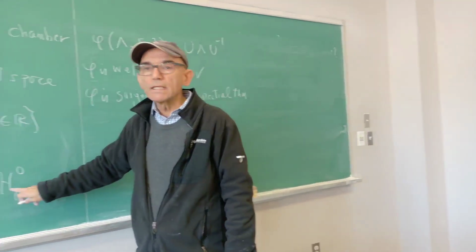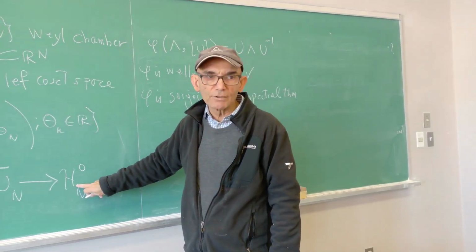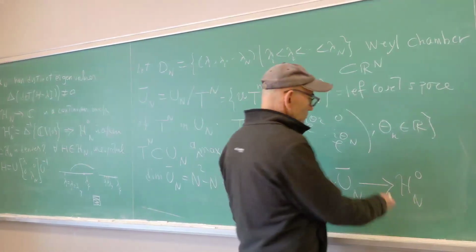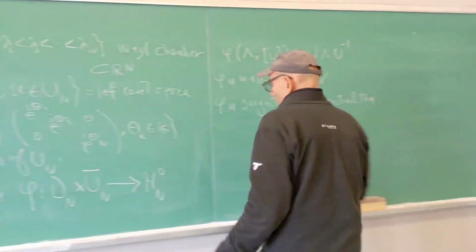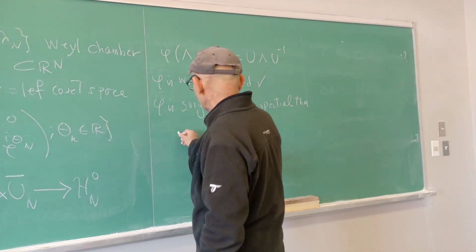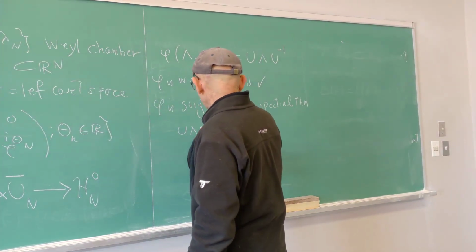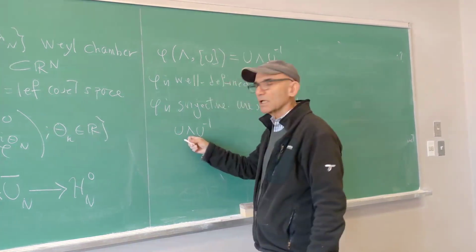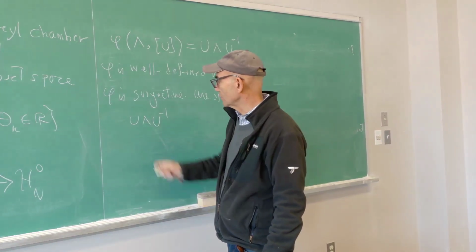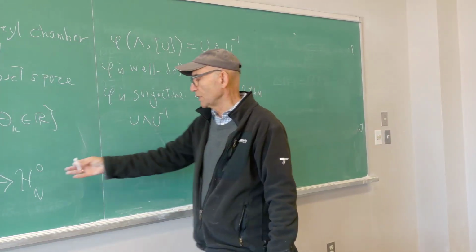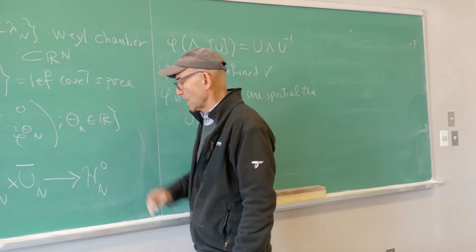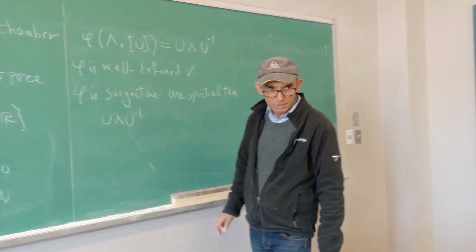If you have any Hermitian matrix, even without distinct eigenvalues, you can always write it as u lambda u inverse. And you can order the eigenvalue matrix as you want, that's fine. You order it and then you get this unitary. So being surjective, it's clear.